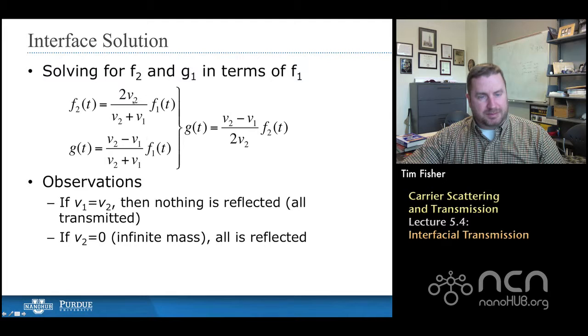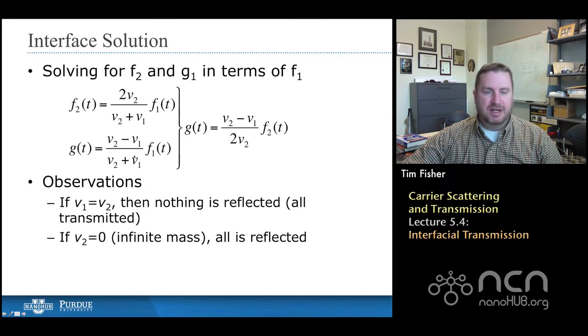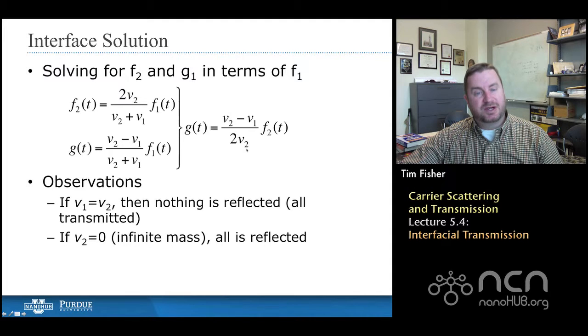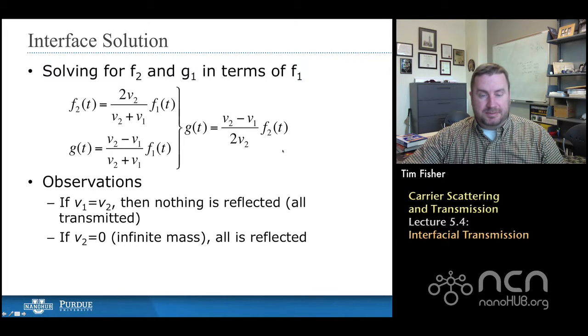When we do that, just simple algebra at this point, we find that we can solve for F2 transmitted and G in terms of F1, and then we can express them in terms of each other. So the reflected amplitude or displacement is related to the transmitted amplitude or displacement, as shown here.